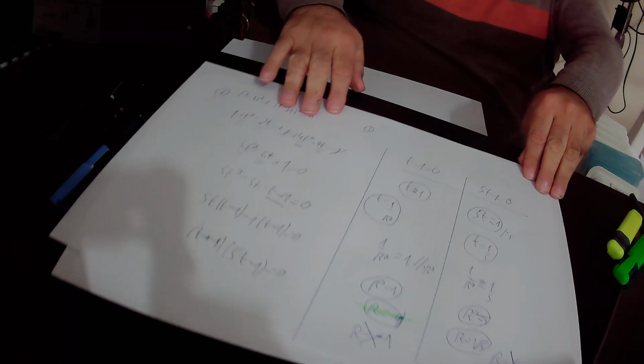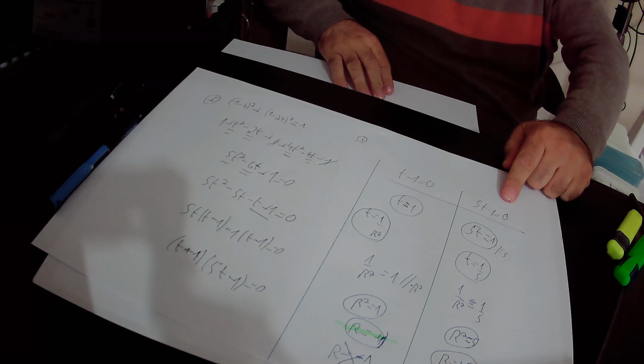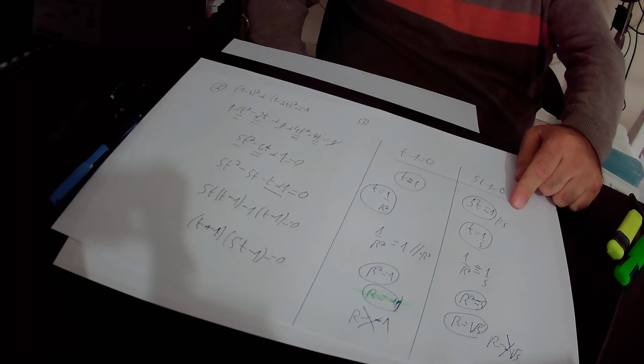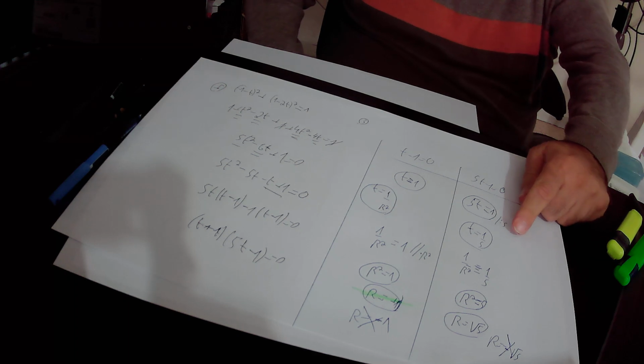Okay, we have the other possibility that 5t minus 1 equals 0. If 5t minus 1 equals 0, then 5t equals 1. Then we divide this equation by 5 and we get that t equals 1 over 5.